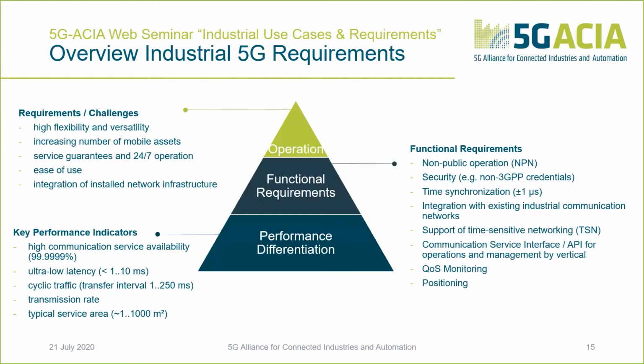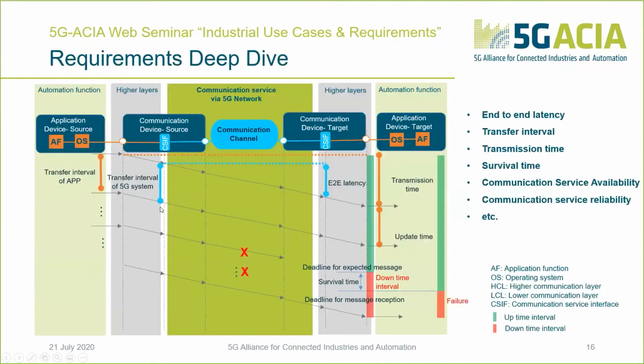Example requirements could be how to provide guaranteed services, how to do 24/7 operations, how to provide diagnostic capabilities, and so on. In the later slides, we will touch on some of the essential requirements which we have been working on in 5G-ACIA.